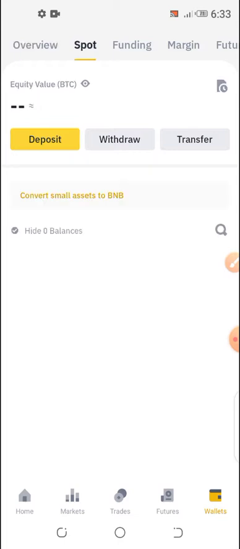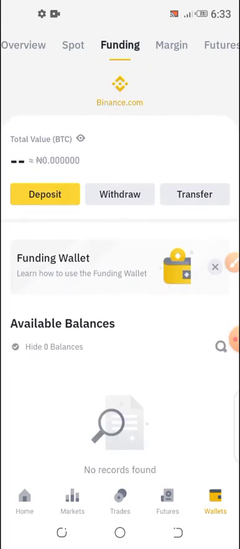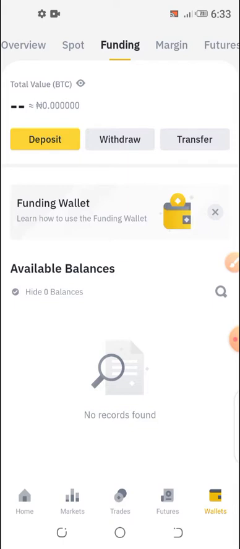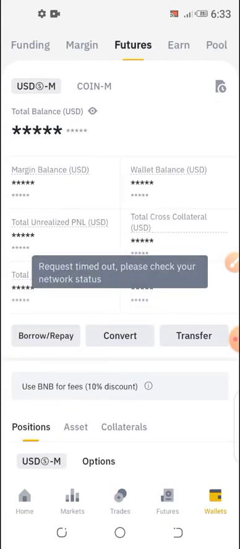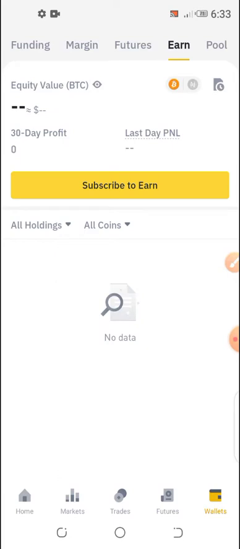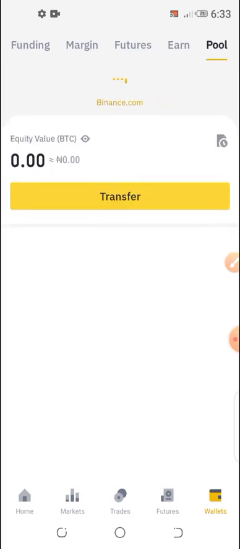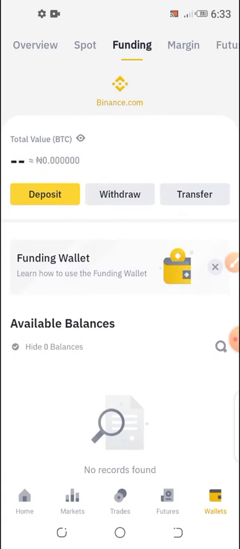So you have the spot, you have funding, which is the same thing as what we call P2P that we'll come to later. You have margin, which basically has to do with borrowing funds to trade. You have futures, you have Earn, which we'll come to later too, and then pool. Now let's go back to our home.